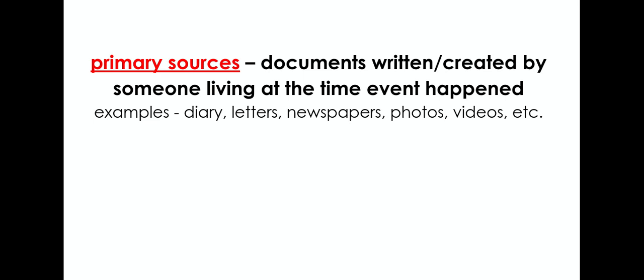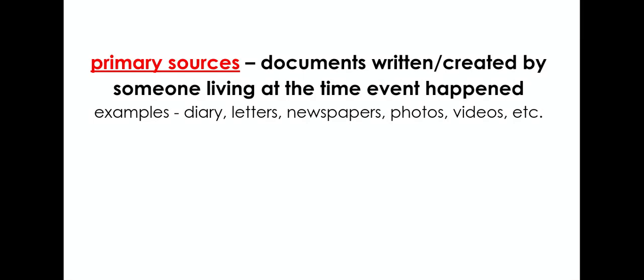A diary. Somebody keeps a diary. We learn a lot about them. Someone we'll learn a lot about this year is a guy named John Adams. John Adams kept a diary for most of his adult life, so we know a lot about him and what he was thinking, etc. John Adams is also someone who wrote a lot of letters, thousands and thousands of letters.